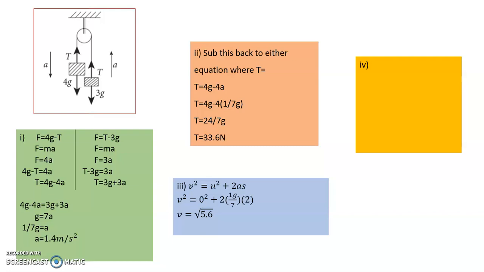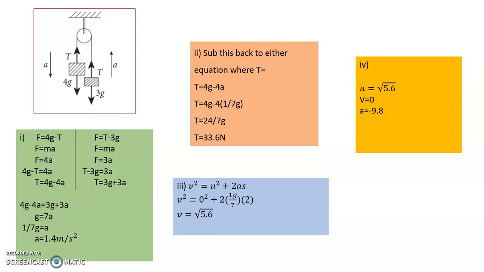Then, how much further will the 3 kilogram mass rise after the 4 kilogram mass hits the table? So this time we're looking for distance. We're talking about from the moment the 4 kilogram mass hits the table. That means the initial velocity this time, our u, is 5.6.